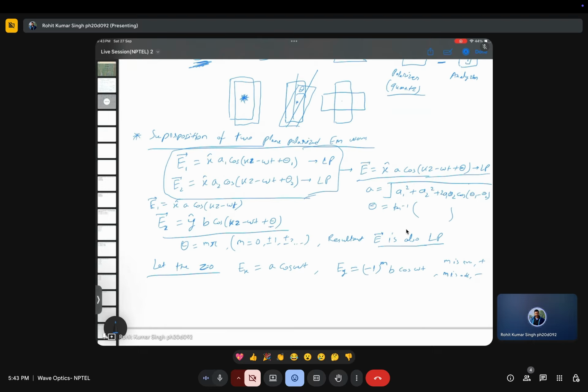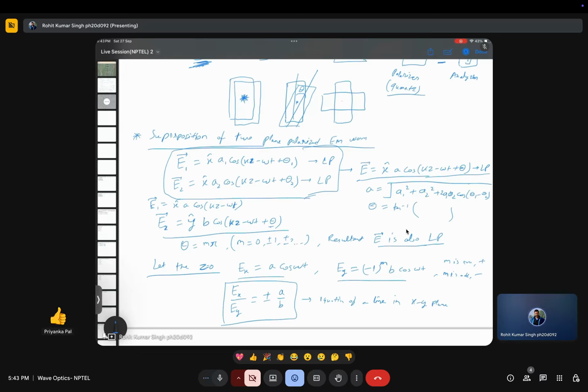and then if you divide these two, what you get, Ex by Ey is plus minus of a by b. So either plus or minus depending on the value of m. And what is this? This is an equation of a line, right? Straight line, basically in which plane? XY plane, right?